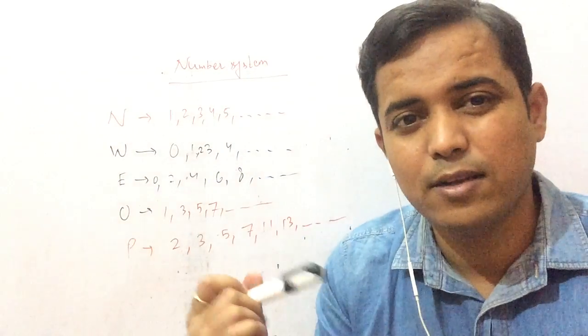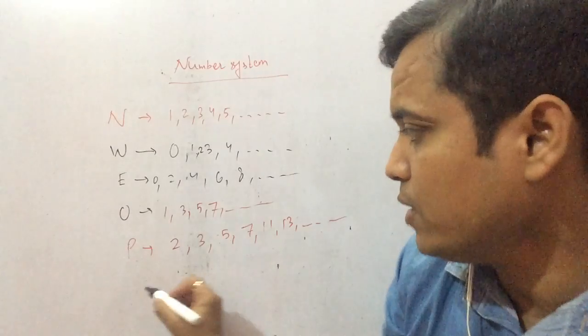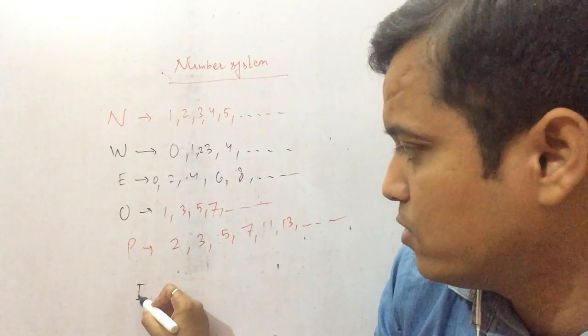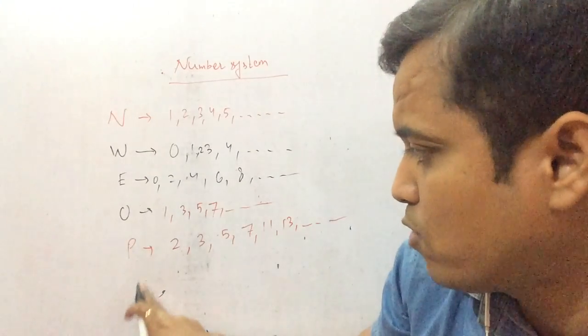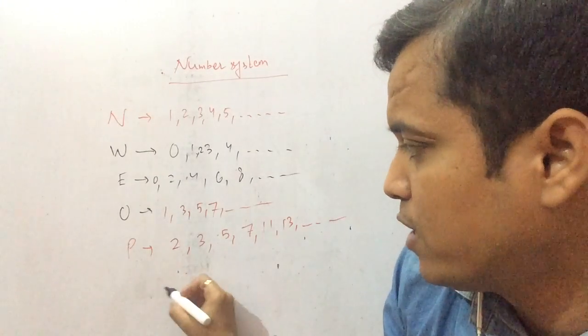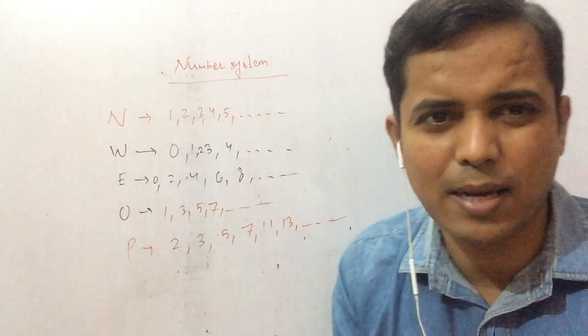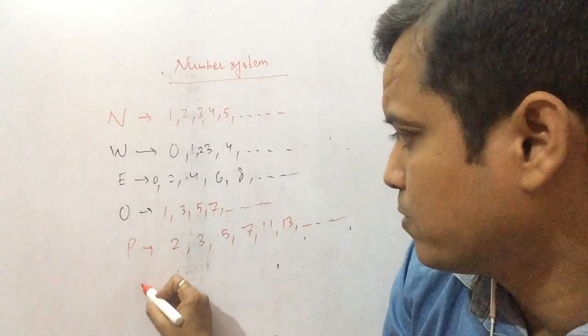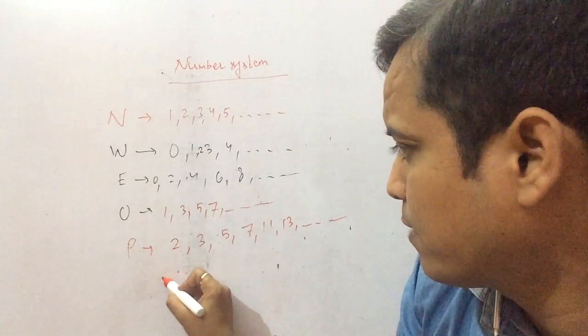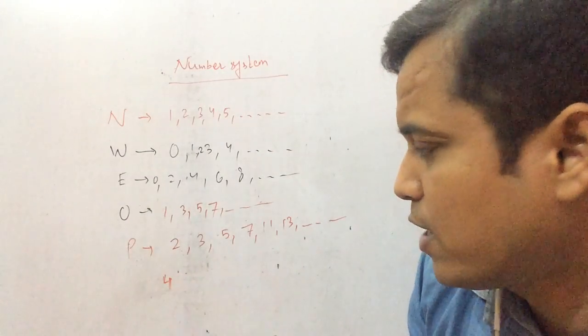Alright, let's talk about integers. Before integers we can talk about composite numbers. Composite numbers are numbers which are not prime, a natural number like 4, a number which has more than two factors.